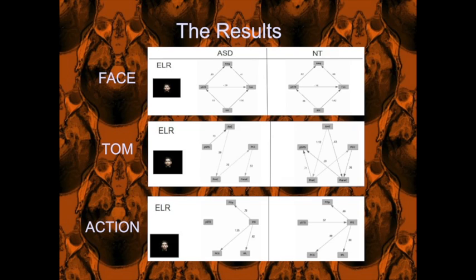So what I want to do is emphasize these differences that I'm talking about. If you look at the face network, I've picked one task, the task that was tapping into all three networks. In the face network, there's really no difference between the individuals with autism and the neurotypical individuals. For the TOM, you get a big difference, and for the action, you get a difference.